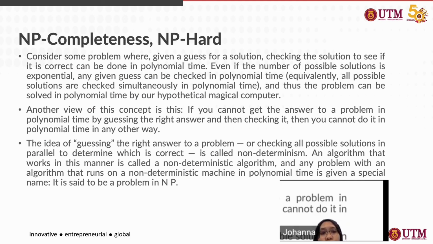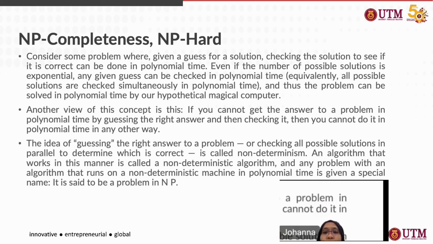All right, so for NP-completeness and NP-hard, it considers problems where, given a guess for a solution, checking whether the guess is actually correct or not can be done in polynomial time.